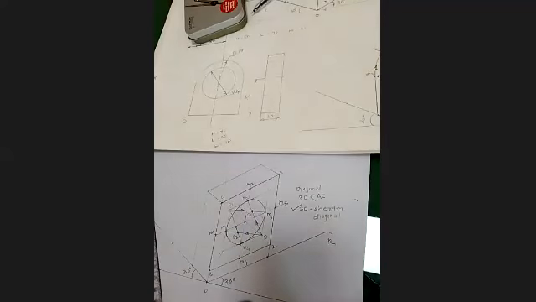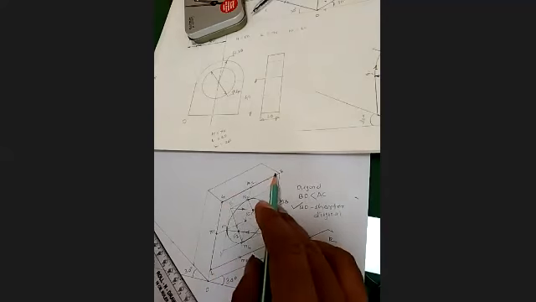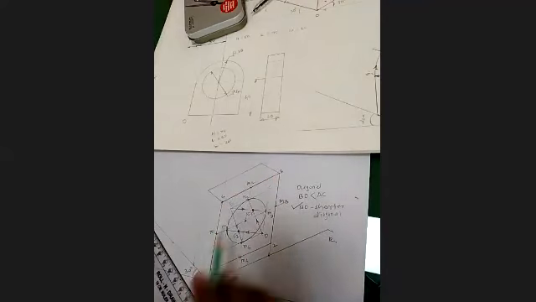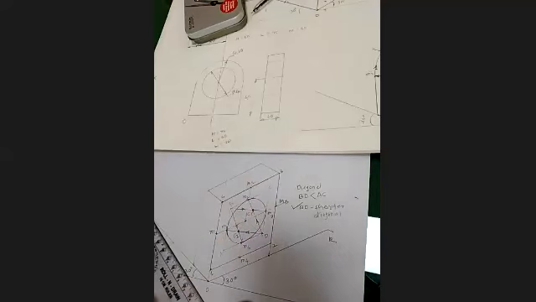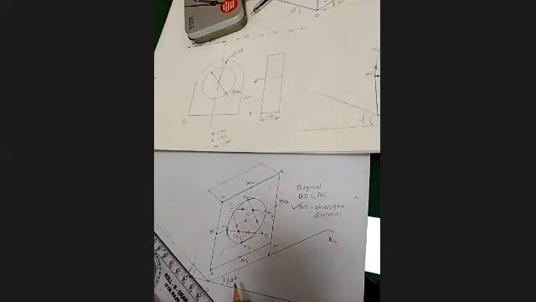Understood? You are getting the isometric square, 60 by 60. This 60, 60, 60, 60. Now, which one is the shortest diagonal? 1, 3 or 2, 4? 2, 4.